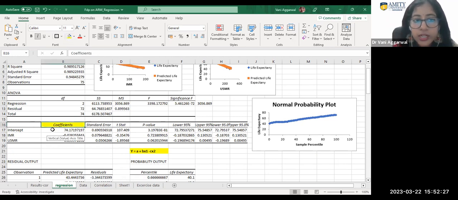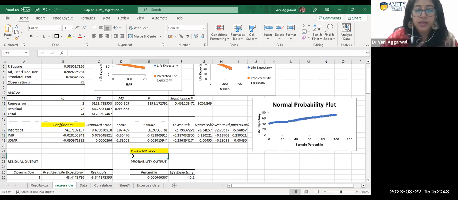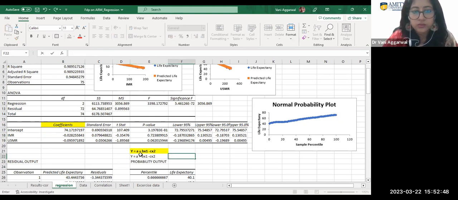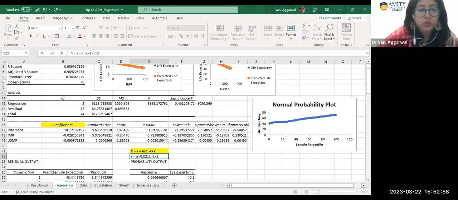So A is 74. For X1, which I'm considering as the infant mortality rate, the coefficient is negative, so it would be minus B x1, where B is minus 0.028. So I'll write this as Y equals minus 0.028 X1.